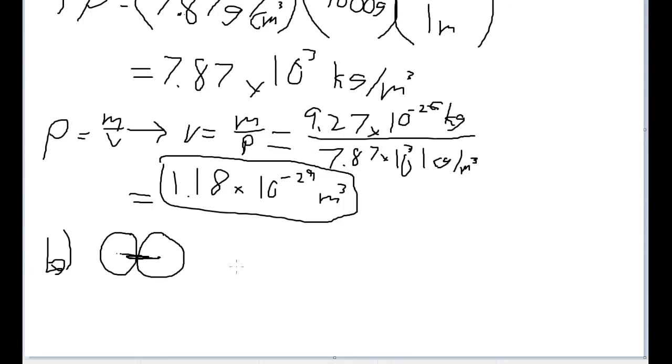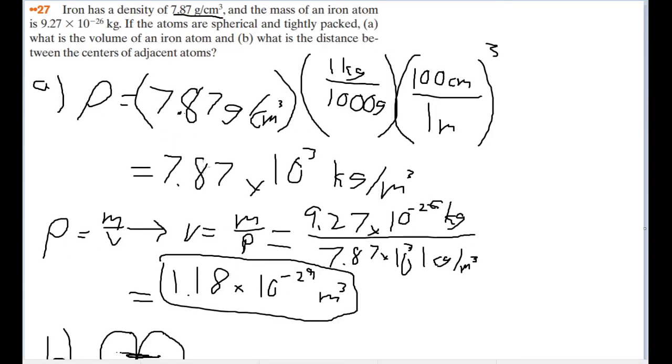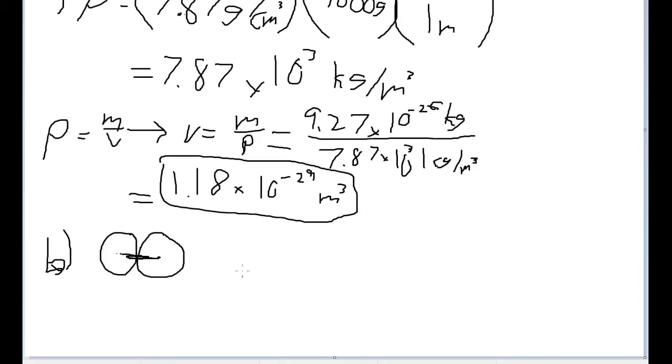So how are we going to get this radius? Because we're using a sphere here, and we have information about the volume of the sphere, we know that the volume of a sphere is equal to 4 over 3 times pi times the radius cubed. Now we want to solve for the radius, and fortunately, we have the volume thanks to the previous part of the problem.